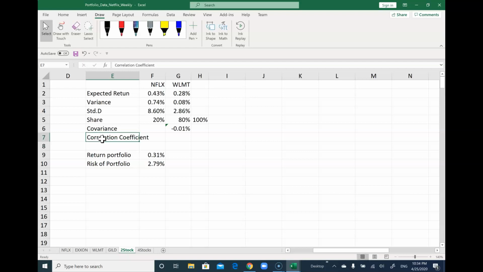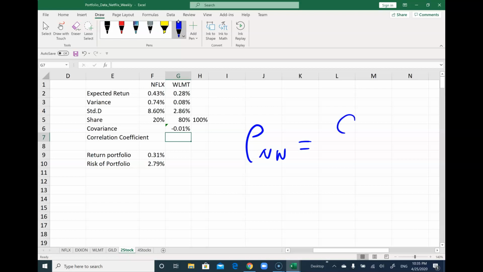I'm not sure if you guys remember exactly what the correlation coefficient was. So to refresh your memory, the correlation coefficient between the two assets, in this case Netflix and Walmart, is the covariance between Netflix and Walmart divided by the standard deviation of Netflix times the standard deviation of Walmart.